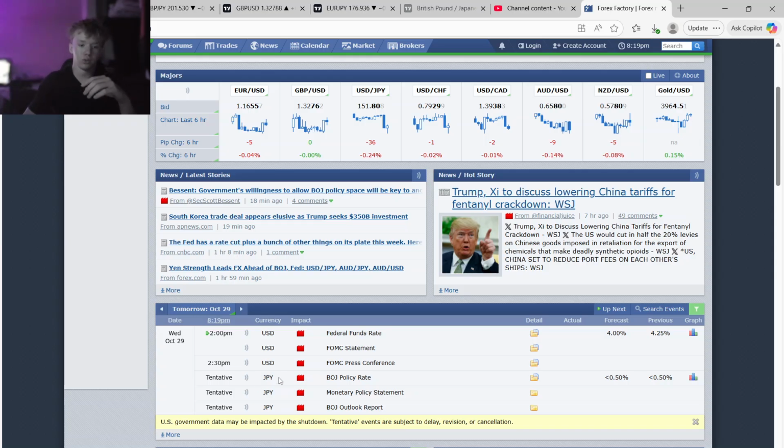And if this news for JPY comes out bad, it'll probably go up. Because the bottom quote is just the inverse of the top quote. The top quote directly correlates with the pair. So like I said, something good for the pound makes GBP JPY go up, bad for the pound makes it go down, and JPY is just the inverse of that, the opposite. But that's basically it.